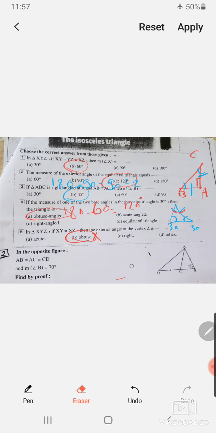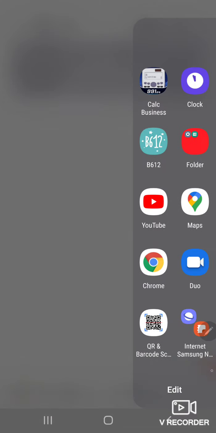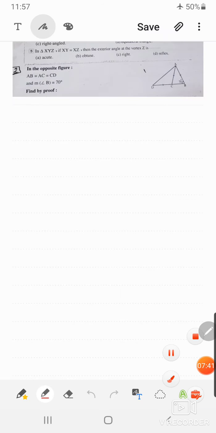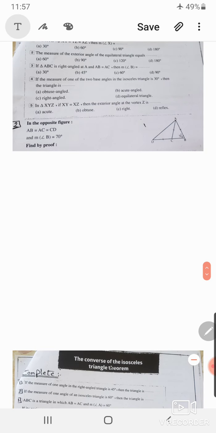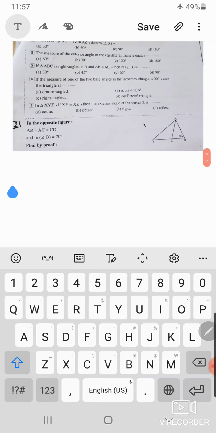Now let's take this example. Here in triangle ABC, you have AB equals AC, and equals CD, which is the dashed part, and measure angle B equals 70. Find it by proof.